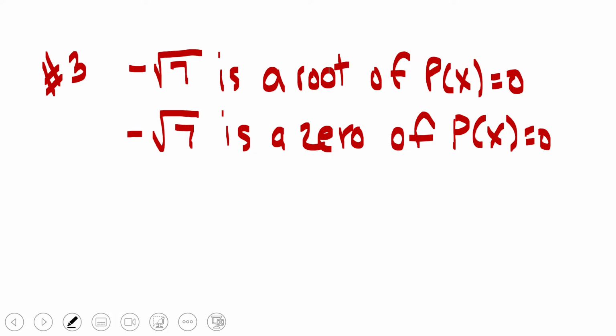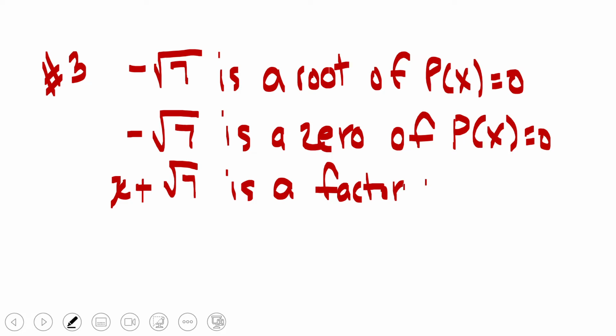And remember, the factor is opposite because we had set it equal to 0 to find the 0 or the root. So x plus square root of 7 is a factor of p of x.